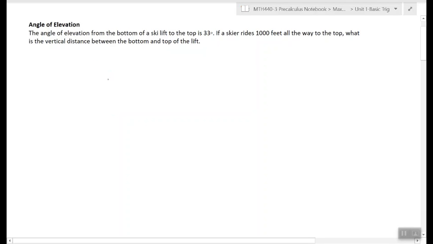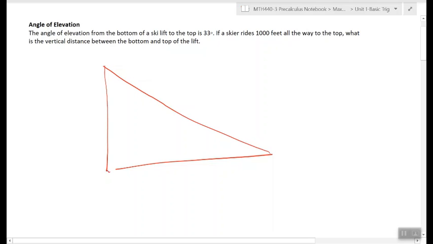Alright, so put our triangle down, our ski slope. Our angle of elevation is 33 degrees, and the skier rides 1,000 feet. And then the vertical distance, this is our x.